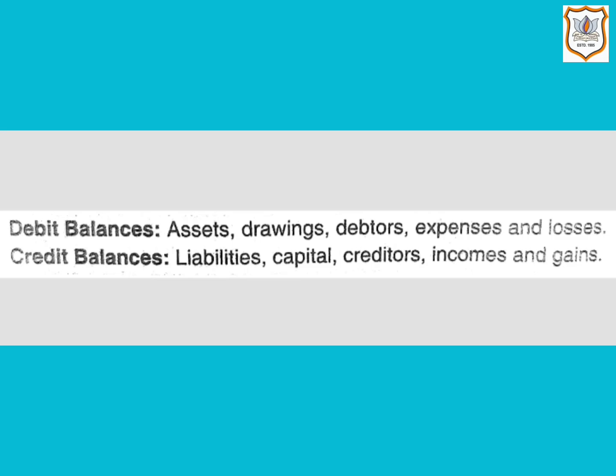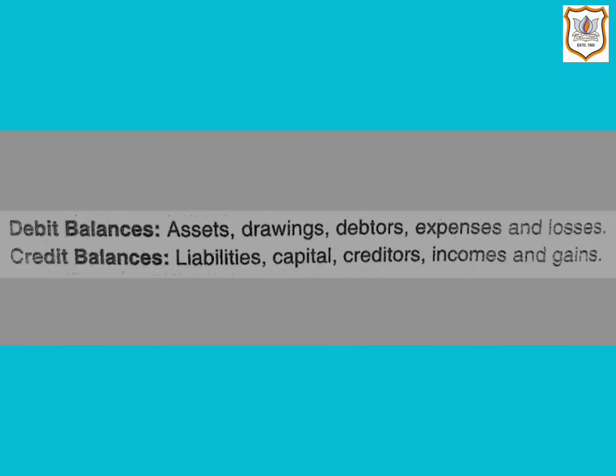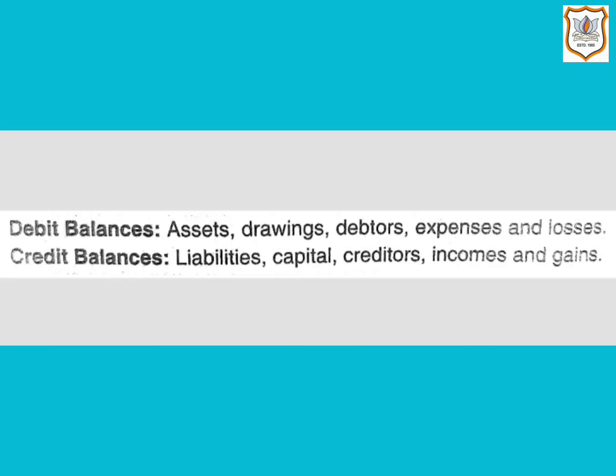Here it must be noted that the accounts which have a debit balance will be shown in the debit column of a trial balance and the accounts which have a credit balance will be shown in the credit column of a trial balance.